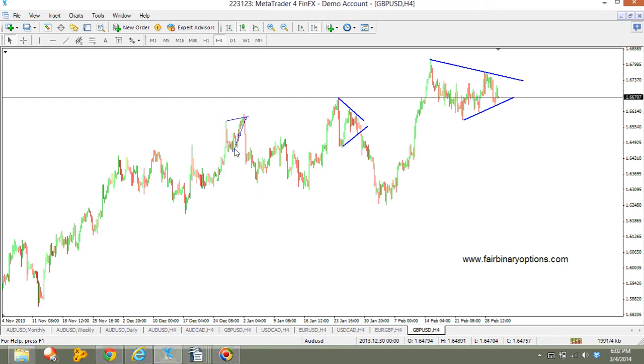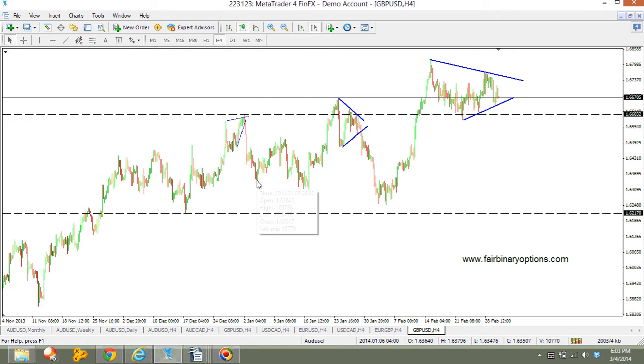So to go 1, 2, 3, 4, 5, like this. This would be the end of a previous move. So all in all, what I will look for here on the GBP US dollar is that this be the end of a possible third wave to the downside, this the end of a fourth wave to the downside, and this a possible fifth end. That would be the end of a wave A or a B wave.